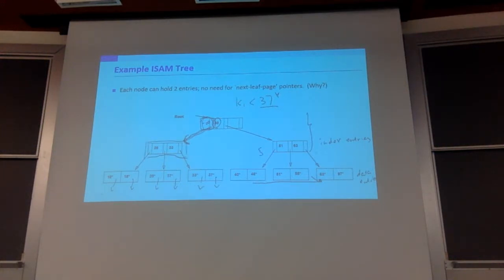You search for the last K2, such that K2 is smaller than 37 again, right? So once you find that, it's going to be right here. So it's going to be this 33 here, and you follow the right link of that, and you end up in the leaf level.